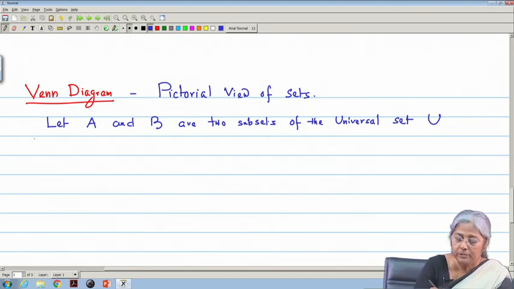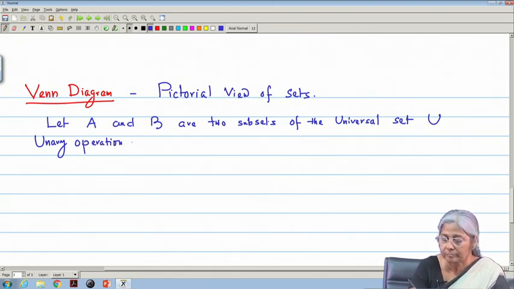One unary operation we call the complement of a set.